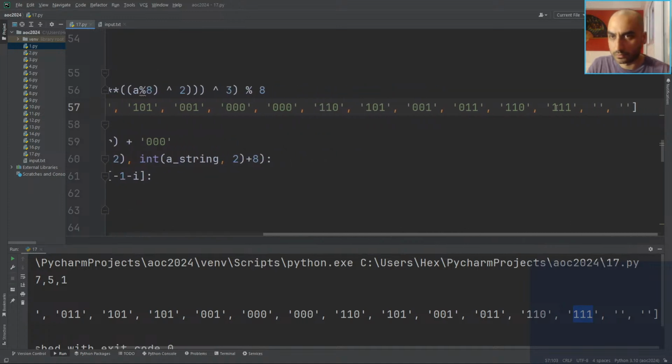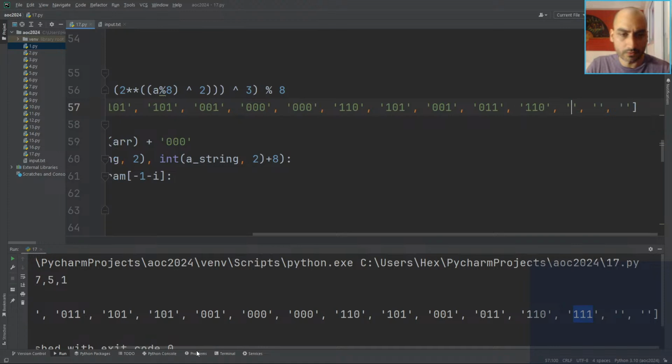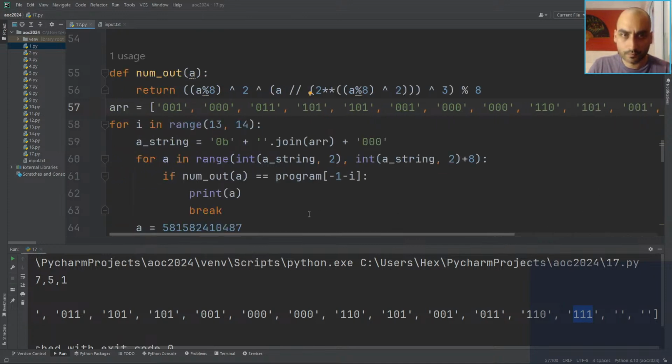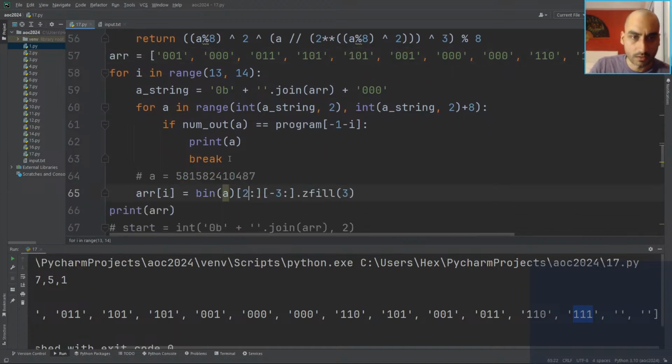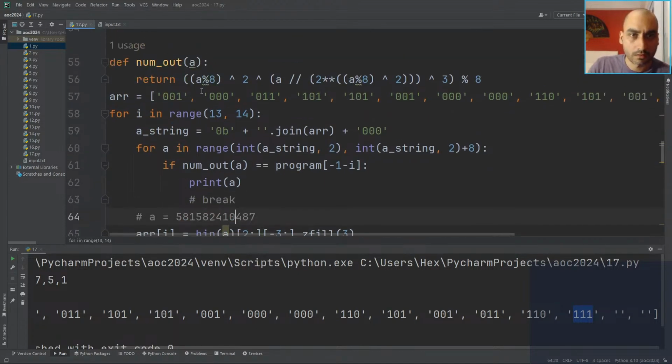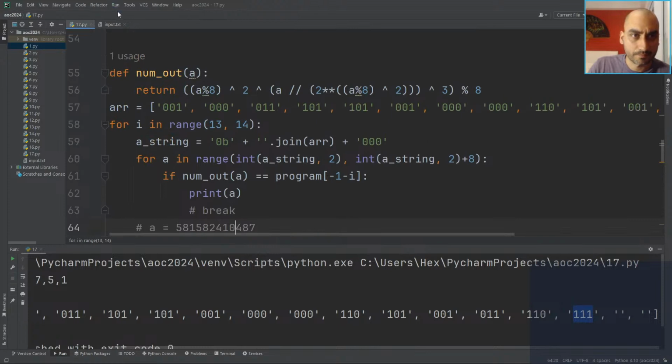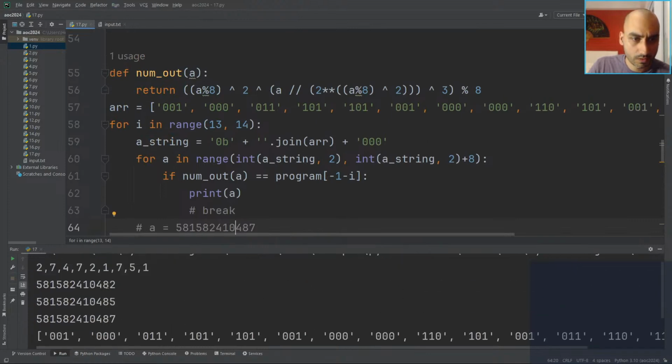Hang on, hang on, hang on. Also, what happened to the music? Which one am I on? All right, just get rid of that. Print these out again. 13, 14, is it? Yeah, okay. So that's the one we want.